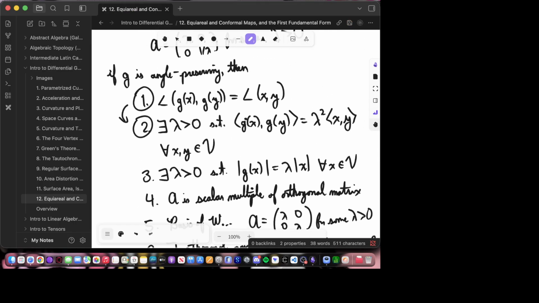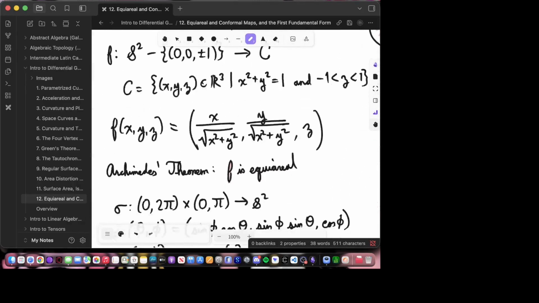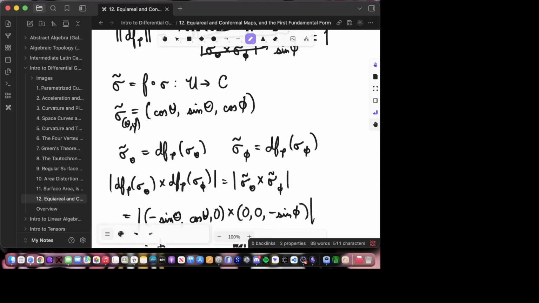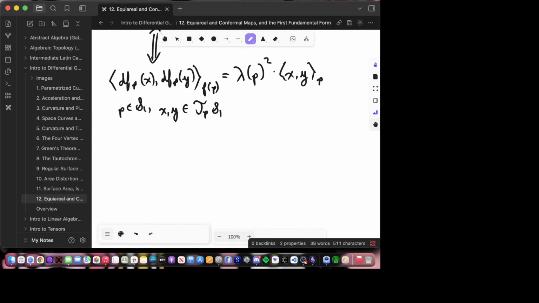Now, because the tangent plane at one point may be different from the tangent plane at another point, lambda is not necessarily constant for all of the same points, but it depends on the point. So it's going to be constant with respect to the tangent plane vector space, but it may depend on the point in S1.